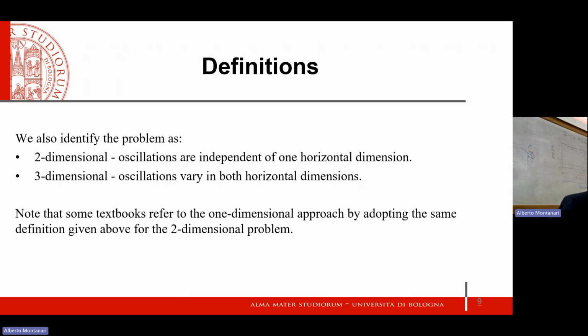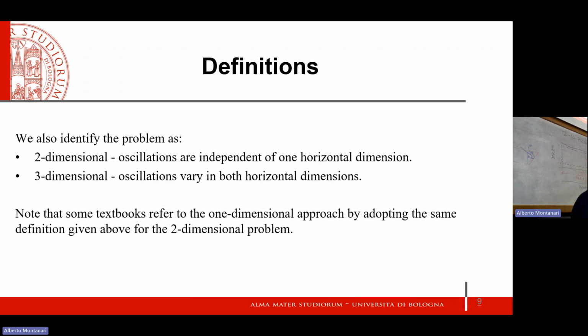And given that the wave reproduces itself in this simplified problem specularly, so the wave doesn't change its behavior along the longitudinal direction, the amplitude remains the same and the periodicity remains the same. So some textbooks call this problem here a 1D problem, because they describe the position of the wave along the vertical. So they describe the up and down of the wave along the vertical, and they assume that this up and down doesn't change along the longitudinal direction.